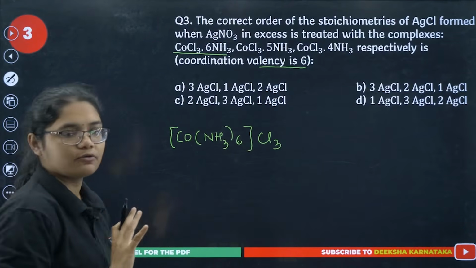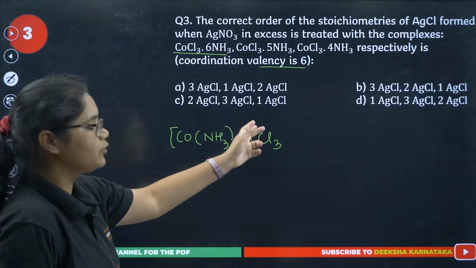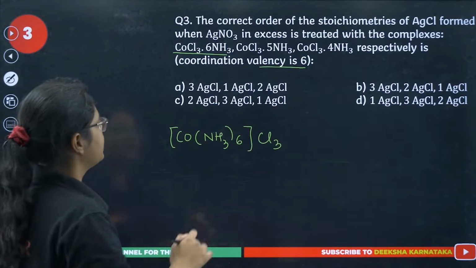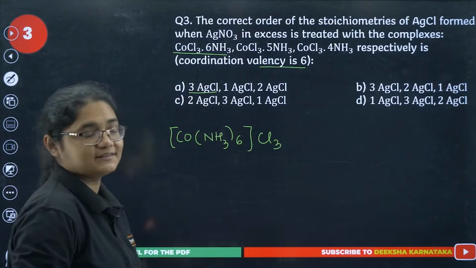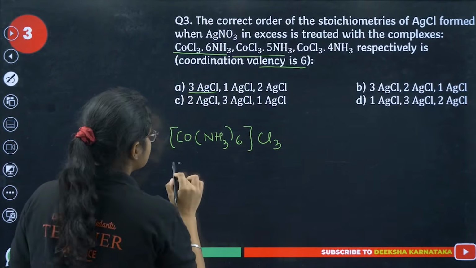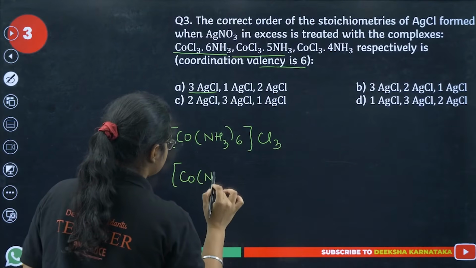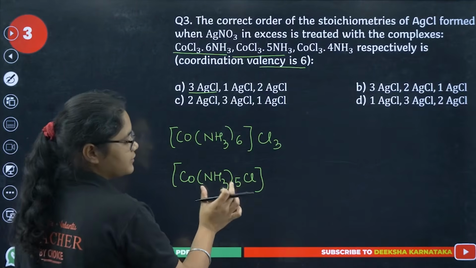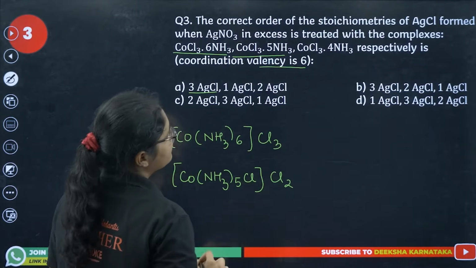This can be the formula of the compound. Now if you see 3 chlorines are present outside, so 3 chlorine will be precipitated, so the number of moles will be 3 AgCl. Then you have the second one, in that also I can write 5 NH3 and I should have 1 chlorine, so that the coordination number remains 6, then it will have 2 Cl outside.